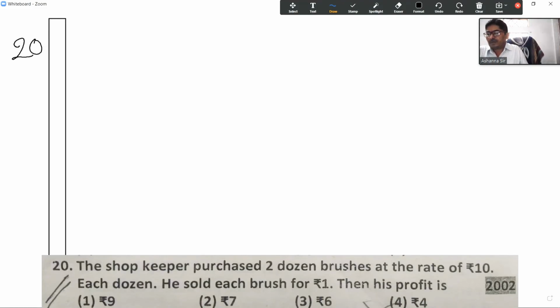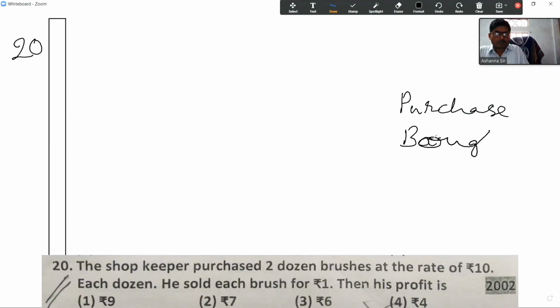The shopkeeper purchased 2 dozens. You have to know, children, purchase means, bought, or purchased means cost price only.